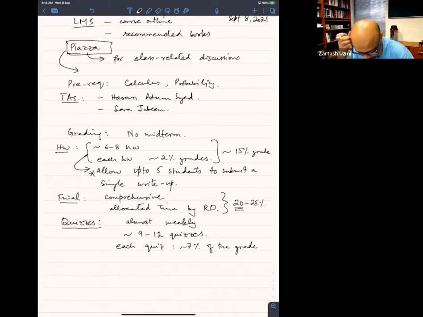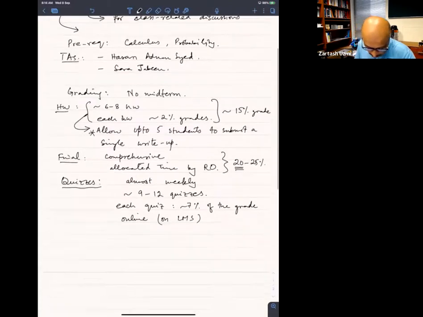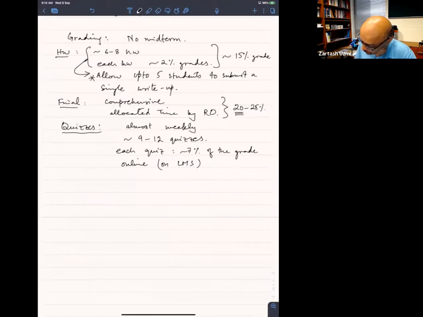Approximately 6, 7, 8% of the grade. Okay. And these quizzes, since the course is online, these quizzes would be online on LMS. Okay. And these would be timed with random access.